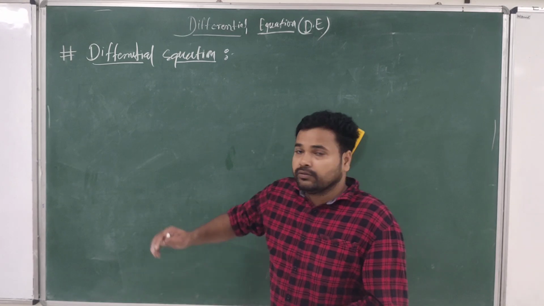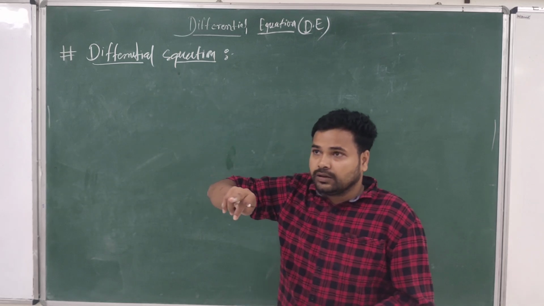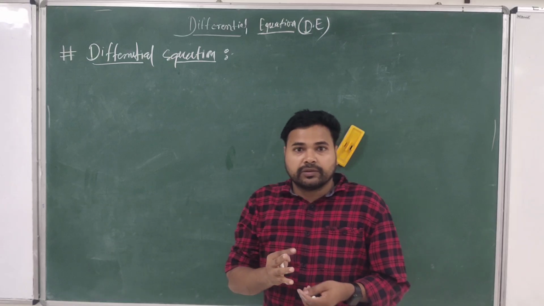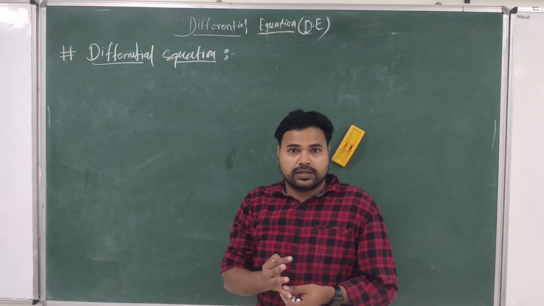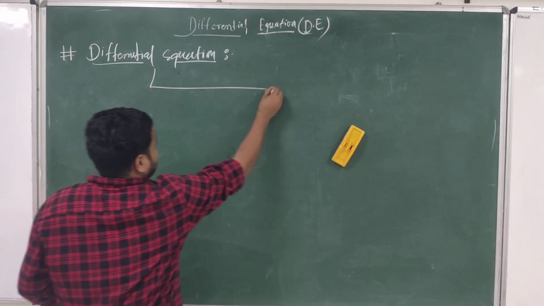First of all, in this definition there are three main things: first, the dependent variable; second, the independent variable; and third, the differential coefficient. Let's define these main things.